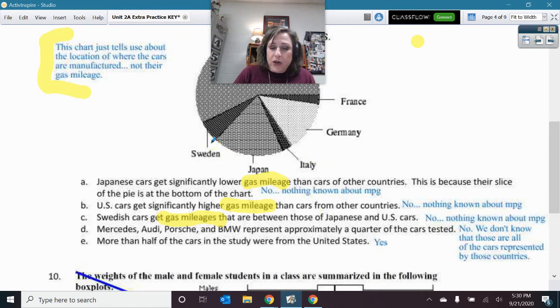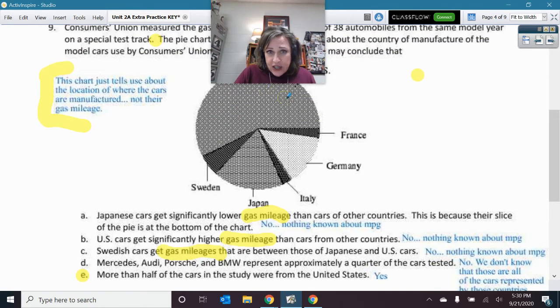I'm assuming they're trying to tell me something about these other countries, but we don't know that that's all of the cars that were tested in those countries anyway. So the best answer is that we do know that more than half of that picture are cars. See this area here, cars from the US.